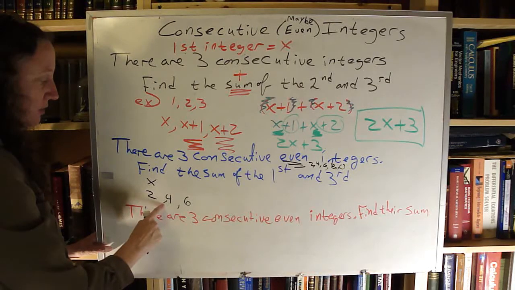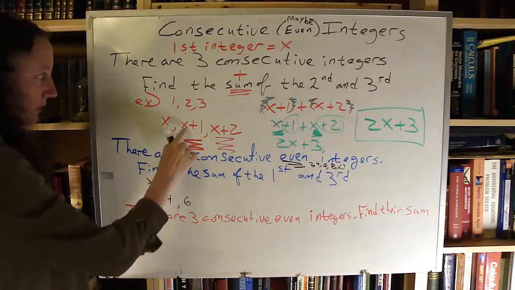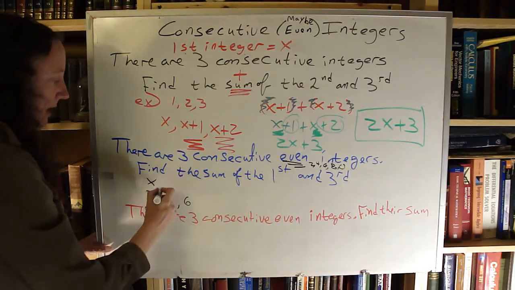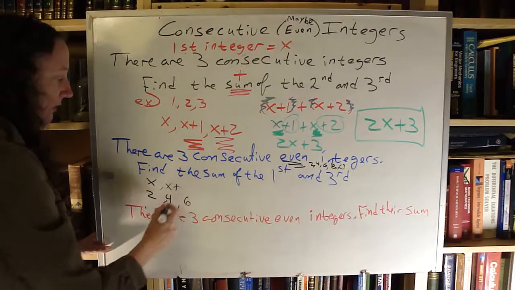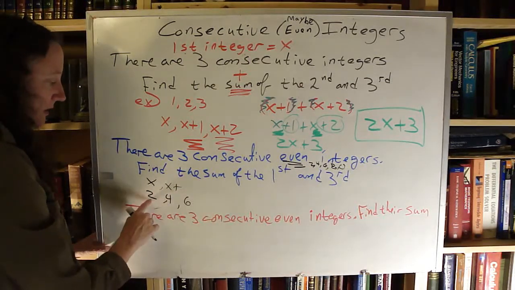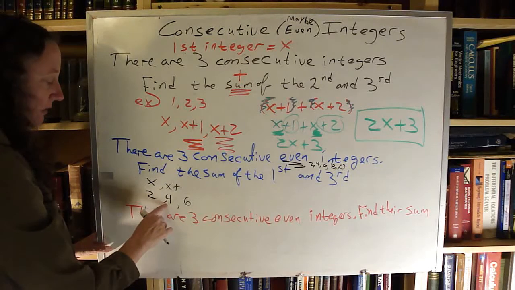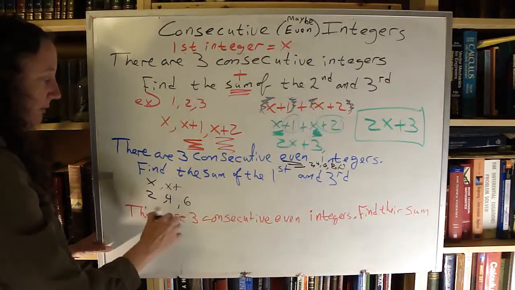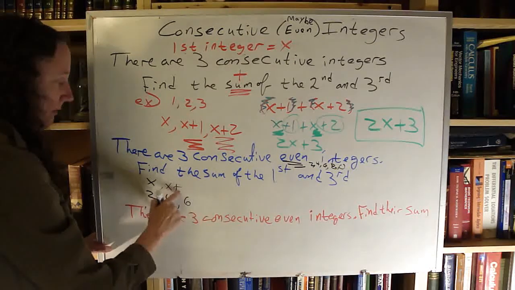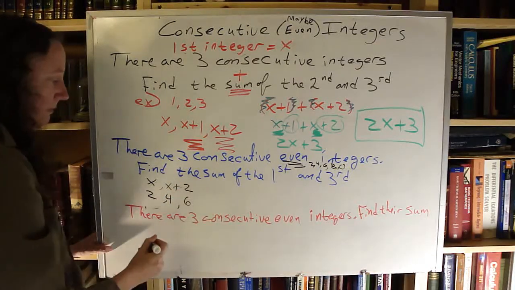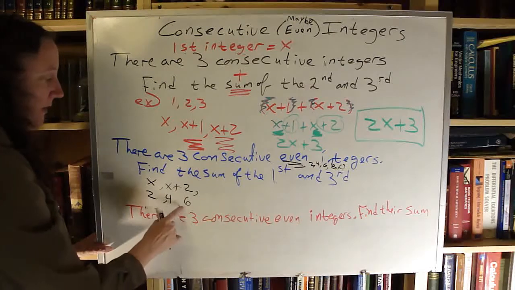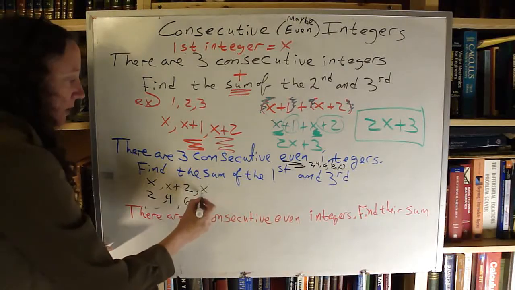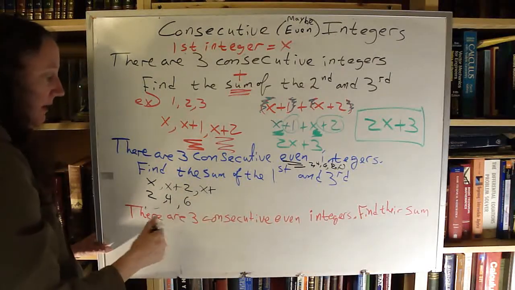My second integer, okay, if I do it the same way I did up here, I will have x plus something. If 2 is x, to get to 4, I'd have to add 2 to that. So 2 plus 2 gives me 4. So x plus 2. My third integer is going to be x plus something.